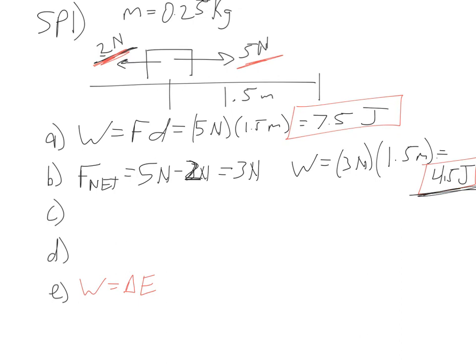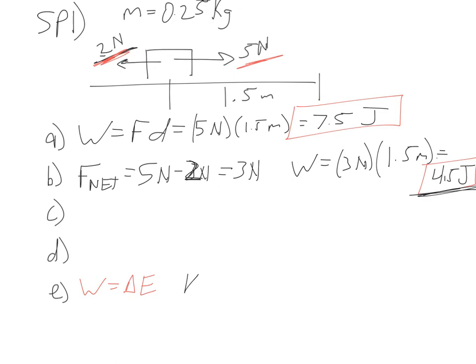So we know that the net force has done 4.5 joules of work. So that means we have an increase of 4.5 joules of kinetic energy. So it goes from 0 at rest to 4.5 joules.